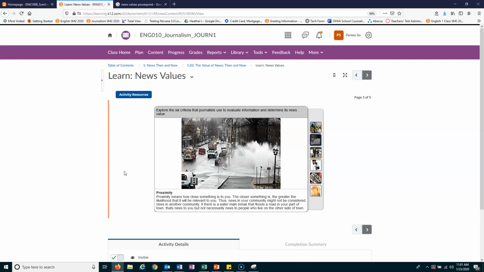Or if you have family that lives in that area. But if you are from Steubenville or Toledo or Columbus, the news about the tornadoes may not have been of as much interest to you. So proximity is very important.